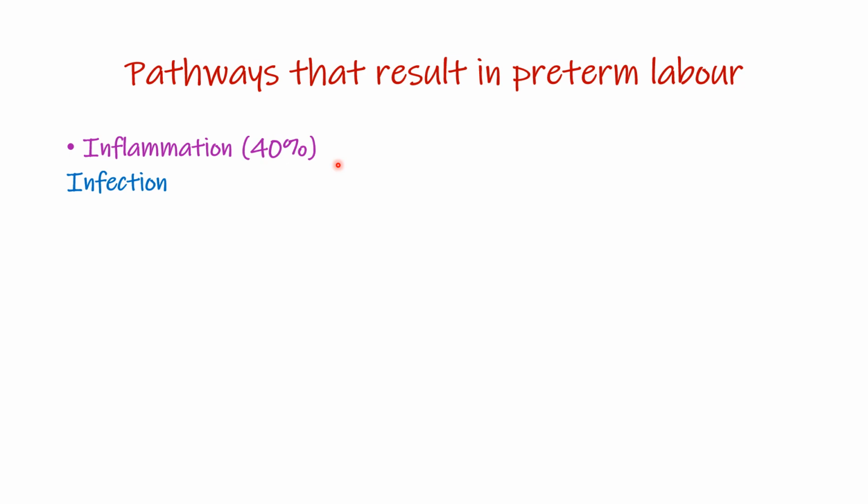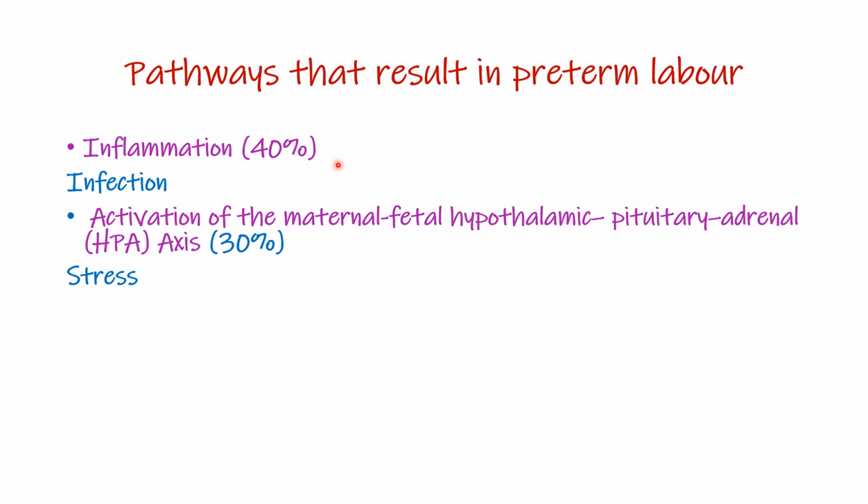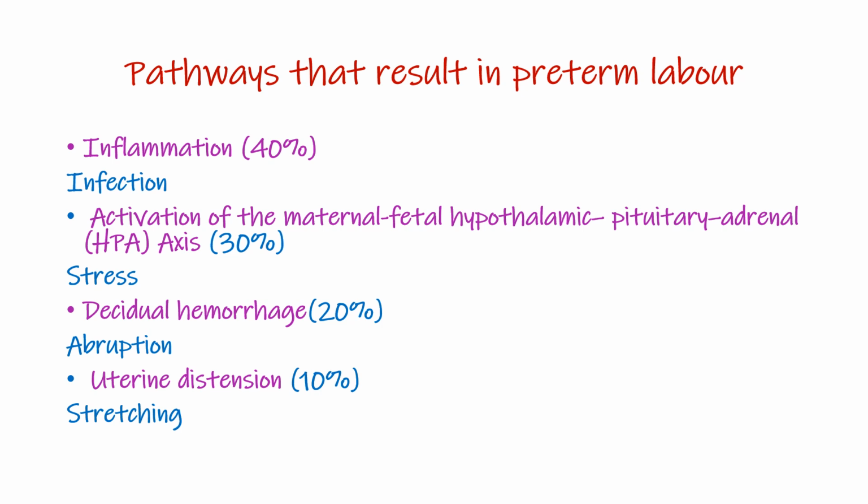We have inflammation, and one of the examples we gave is infection, such as a UTI. Then another one is activation of the maternal fetal hypothalamic pituitary adrenal axis, which will result in production of cortisol, which will increase production of prostaglandins, and later we have preterm labor. In addition to that, we also have decidual hemorrhage, such as abruption, and then lastly, uterine distension.